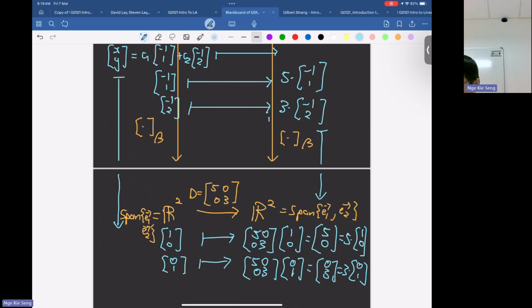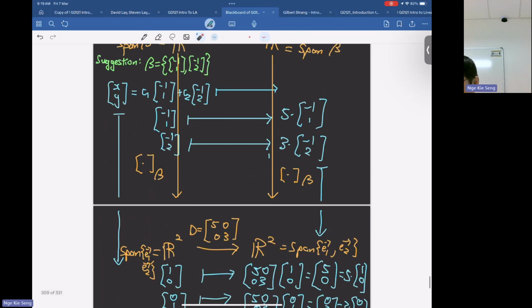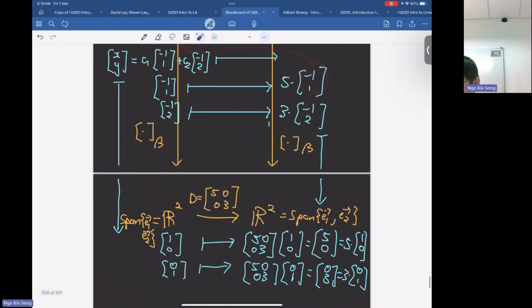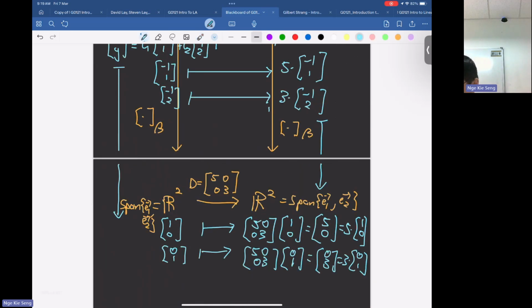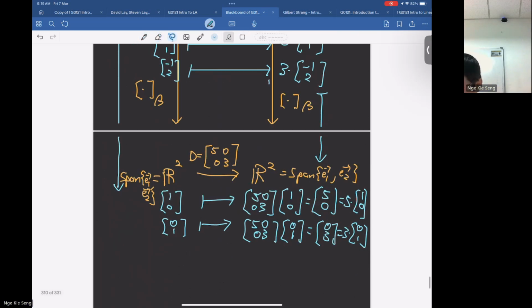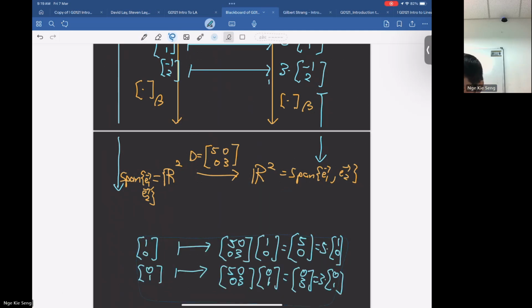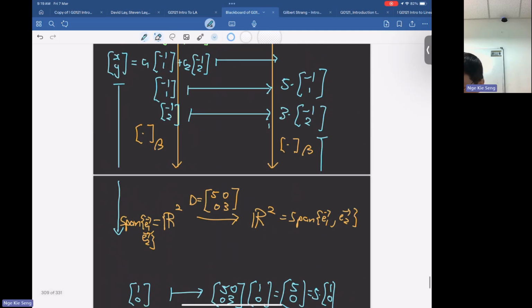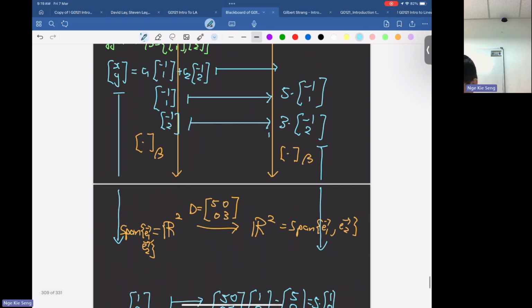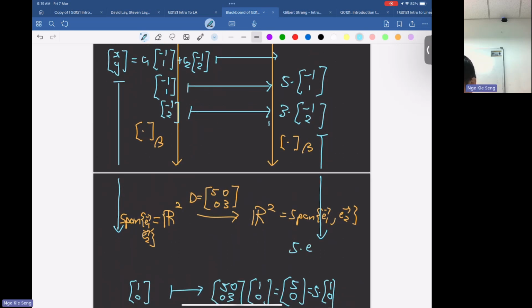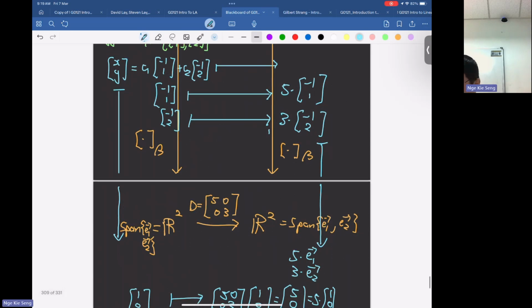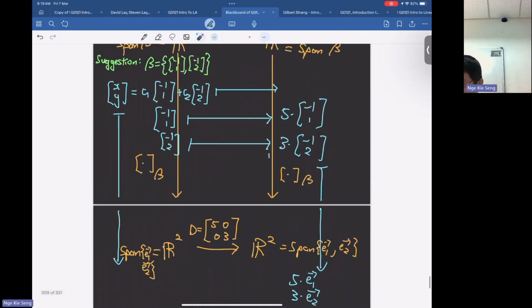This is the first column vector from your basis, which corresponds to 5 times (1, 0). This gets sent to 5 times E1, and the other gets sent to 3 times E2. So this is one route, one way.